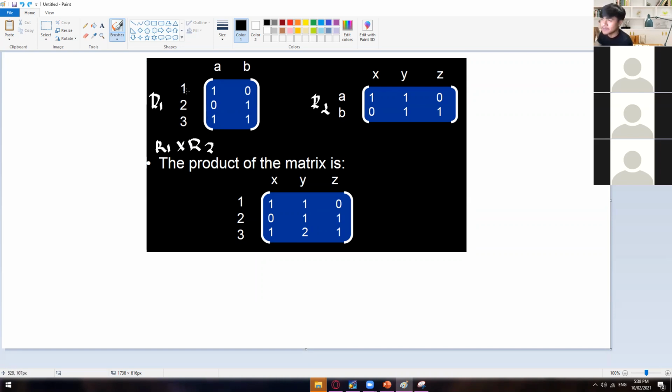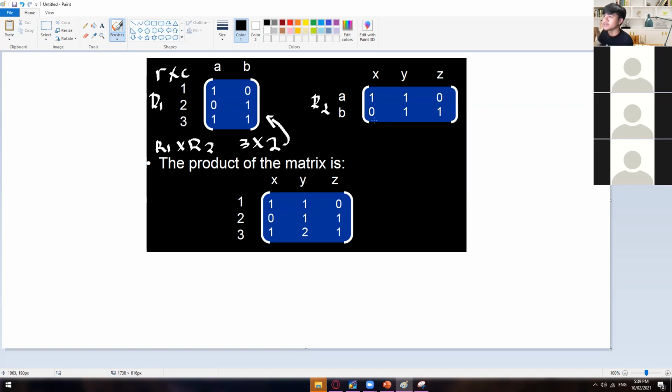As you can see, we have 3 rows and then 2 columns. And in reading a matrix, it's always row first, row by column. Okay, so as you can see right here, we have a 3 by 2 matrix. Okay, this is your R1.